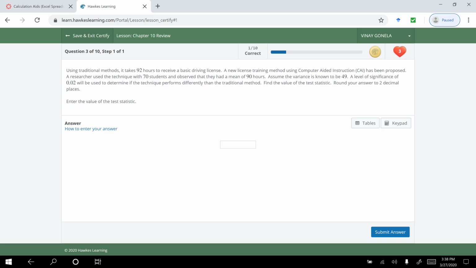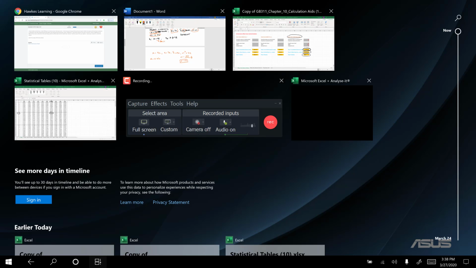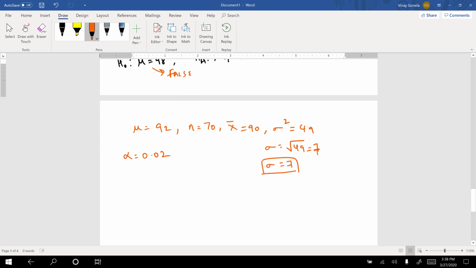When they say differently, you can disprove on both sides of the normal distribution curve. So your hypothesis H null will be mu is equal to 92, alternative will be mu not equal to 92.